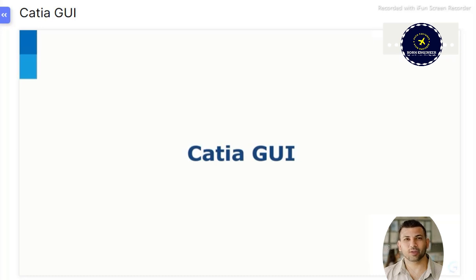In order to use the tools, we need to know where the tools are, how we should be using them, and how they appear to us. So it is about getting familiarized with the software and how we'll be able to interact with it. That is what we are going to see in this module, the graphical user interface. Let's move on to the software and see this.